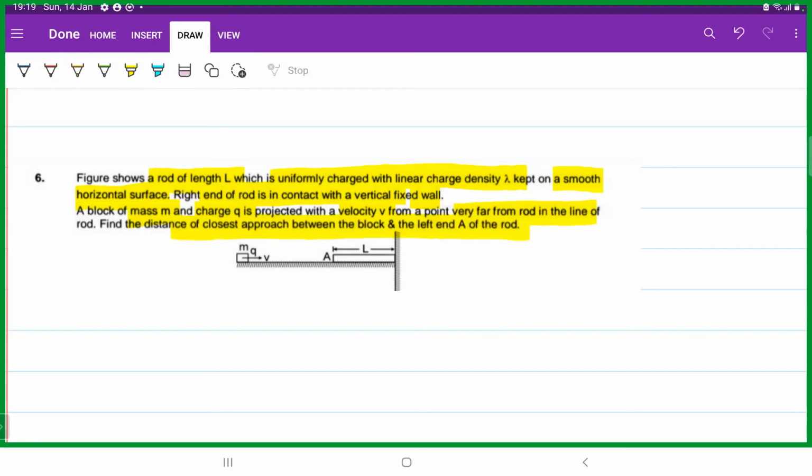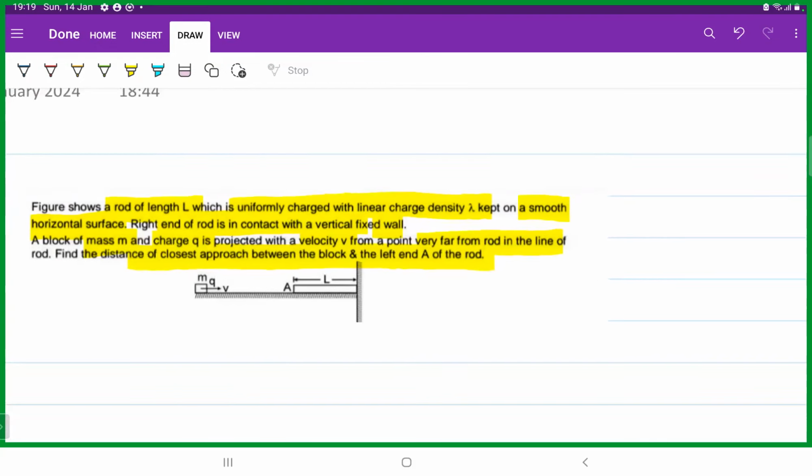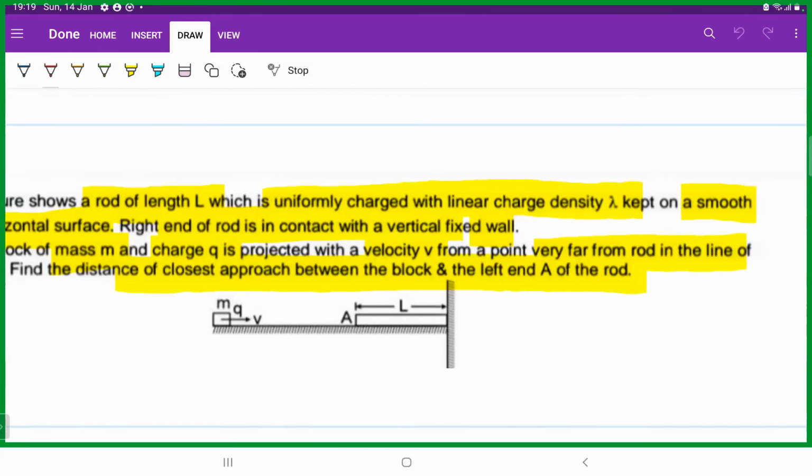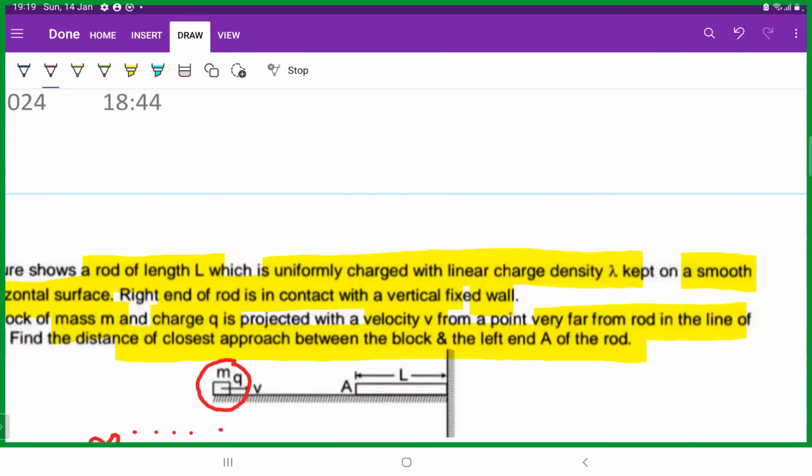Now, let's just try to visualize what's happening here. This small block is coming from a point at an infinite distance away from this rod. It was projected with a velocity v.